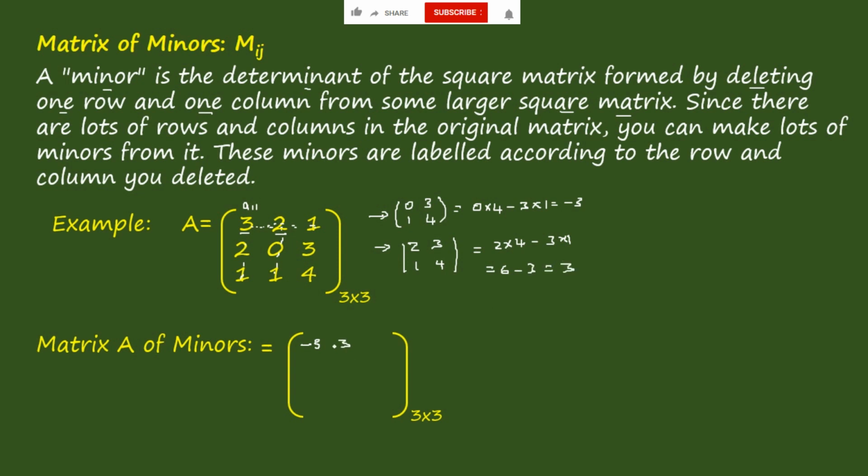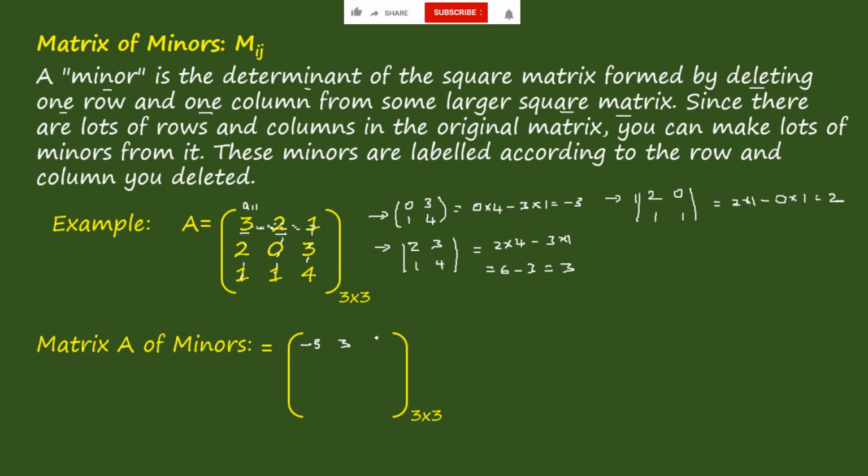So this is 3. Next term is 1. Delete the row and the column. So we get the matrix 2, 0, 1, 1. The determinant of it is 2 into 1 minus 0 into 1, which is 2.